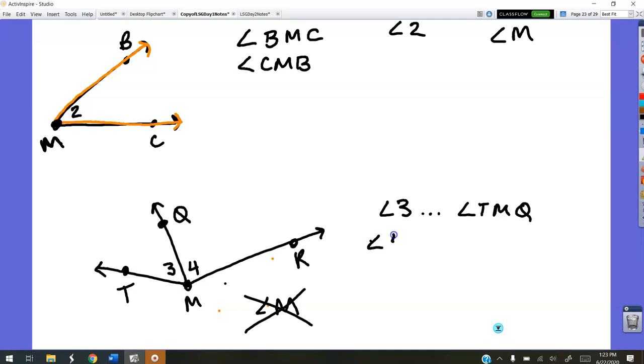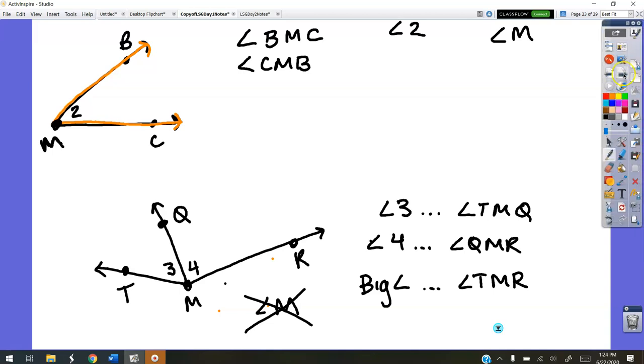If I want to write angle 4, I would need this angle, so I could call it Q to M to R, angle QMR. And then if I wanted to talk about the whole big angle, then I would do T to the vertex to R. So the big angle is angle TMR. Okay, so that's how we label angles.